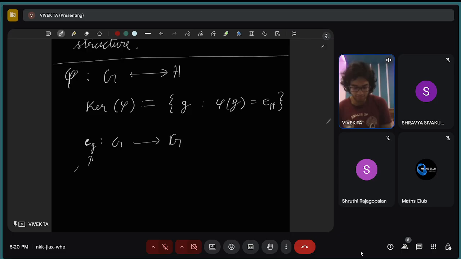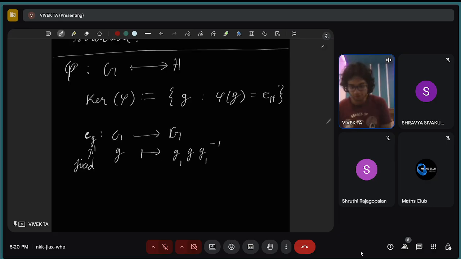So this is fixed. I should write g1, g1 inverse, my bad. This is the map: g goes to g1 g g1 inverse. This is what the conjugation map was.